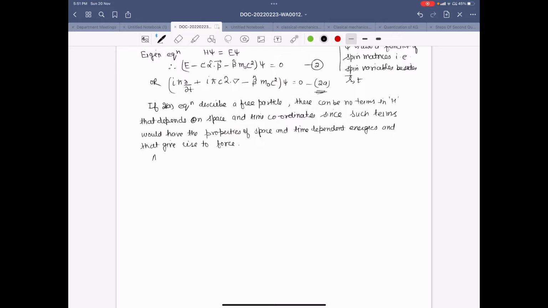Also, the space and time derivatives are to appear only in P and not in alpha and beta, because we have already taken that this equation must be linear in these derivatives.